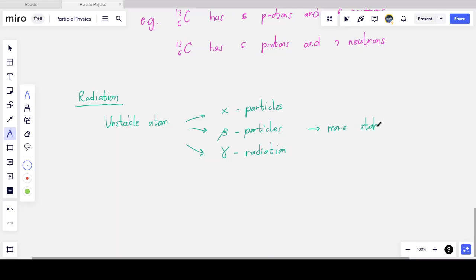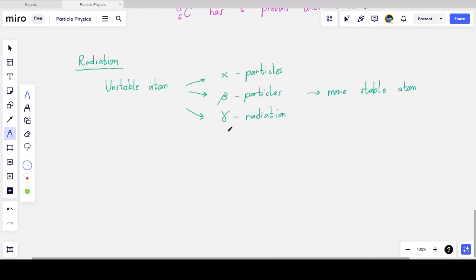Most times when an unstable atom gives off one of these particles, it'll give off more than just one and continue to emit radioactive particles until it becomes as stable as it can. That's when the atom is no longer radioactive. The 3 types are alpha particles, beta particles, and gamma radiation, something you've probably heard before, but never really had the chance of understanding.